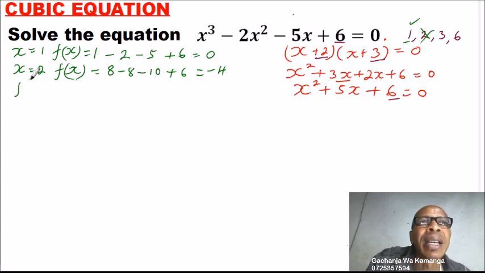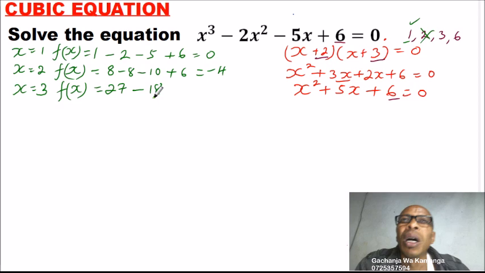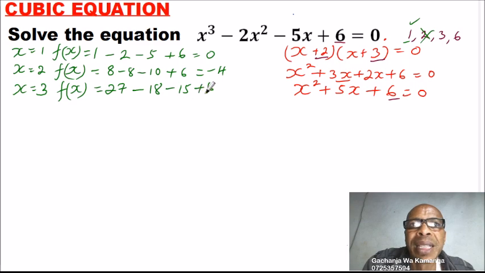We say when x is equal to 3, the function f(x) is equal to, we substitute, 3 cubed is 27, minus 3 squared is 9 times 2, that is 18. Then we have minus 5 times 3, that will give us 15, plus 6.